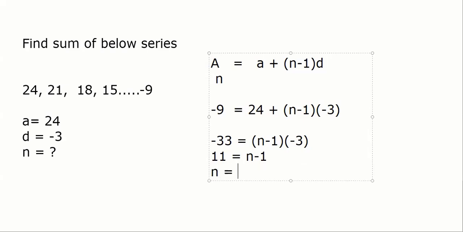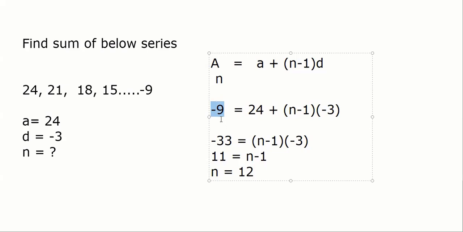So n equal to 12. So if an AP is given where you know a and d, and you know the last term, can you find n or not? We found n equal to 12. Everybody is clear on this? So guys, don't get confused with this. This is the nth term, or last term.